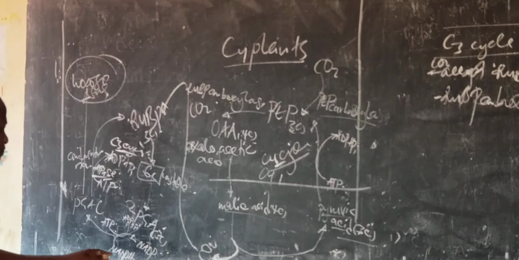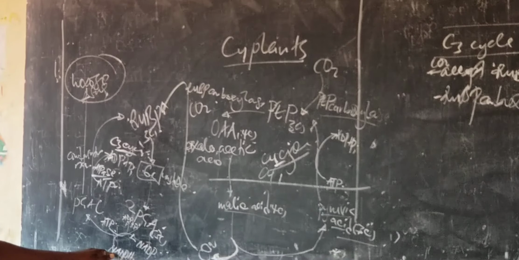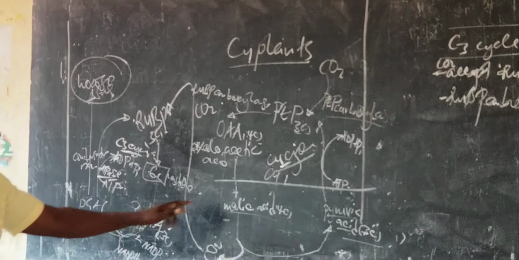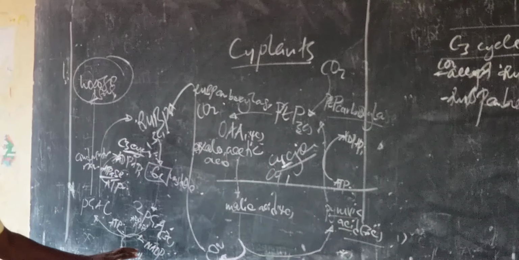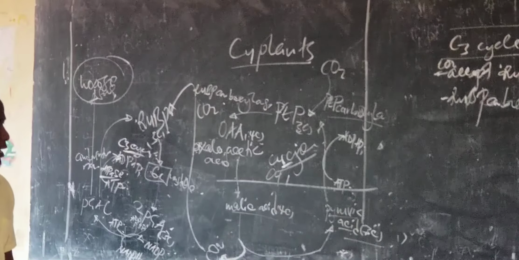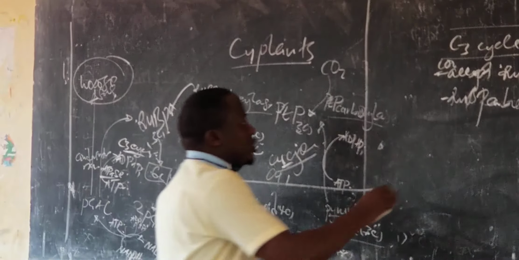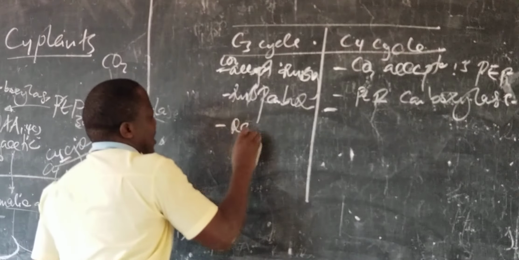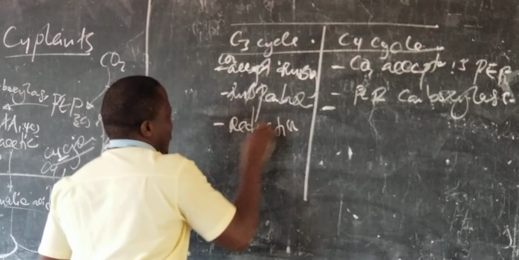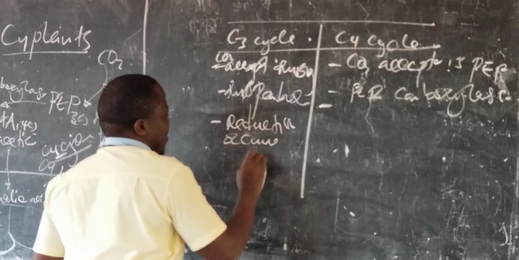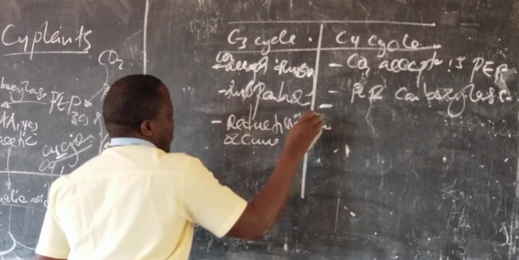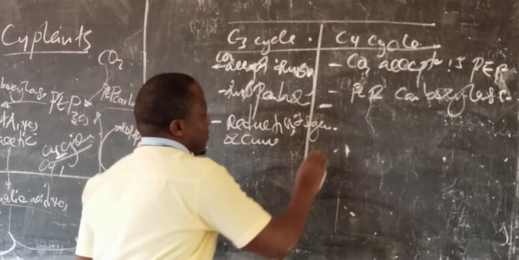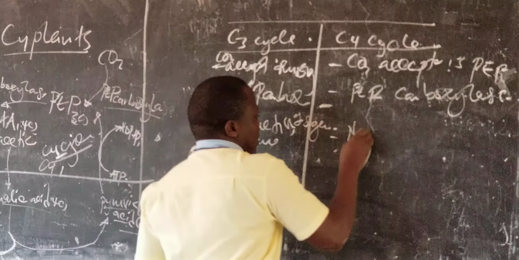You realize that here, reduction of the sugars occurs. Here in this cycle, we don't expect any reduction. We have not seen any NADPH2 used anywhere. So probably this reaction is reduction. Reduction occurs, maybe reduction of sugars to produce new products, and here simply say no reduction.